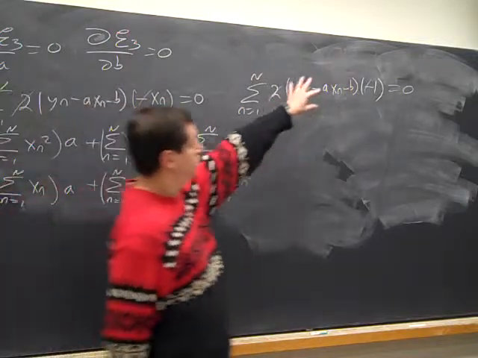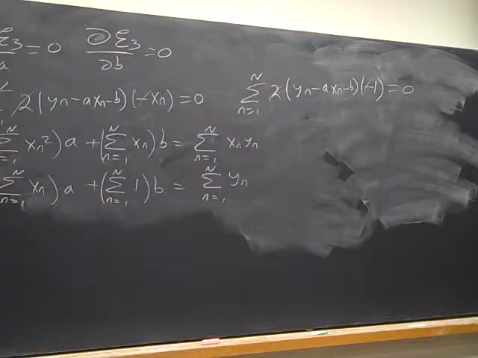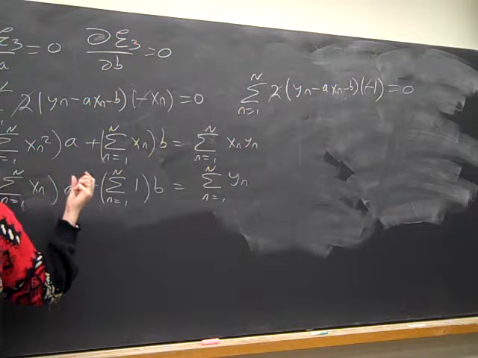And again, I'm just pulling these over to the other side. What does this look like? System of equations. Two variables, two unknowns. It turns out, unless you are a complete idiot, this will always be solvable.